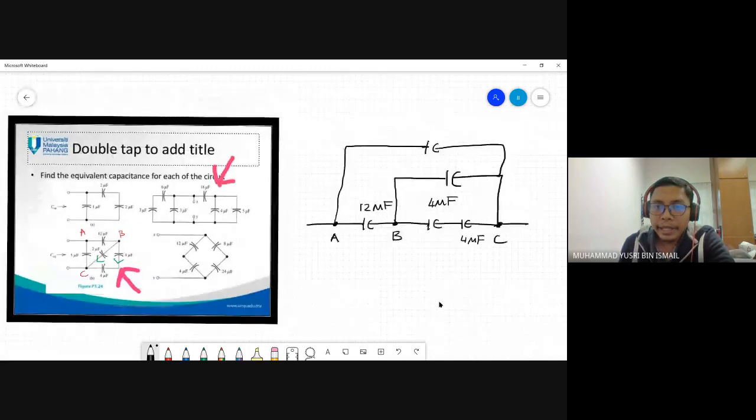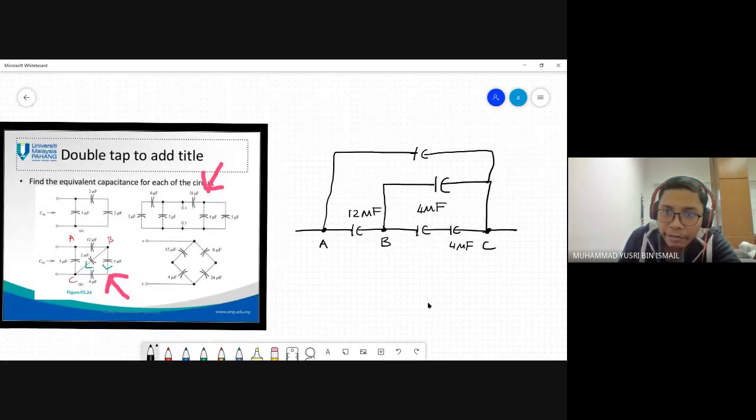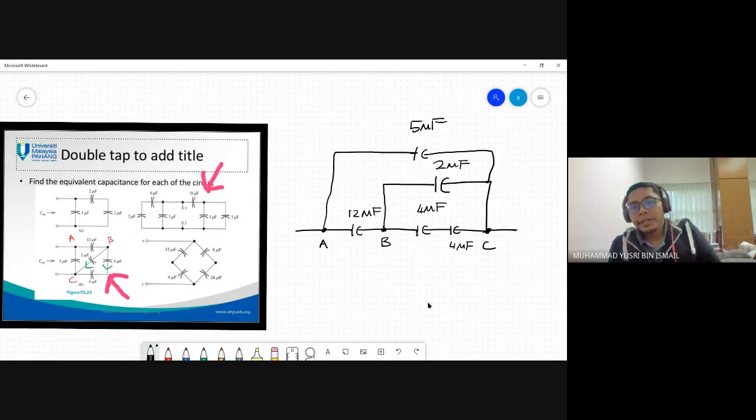C to A adalah 5 microfarad. Sekejap tadi B to C 2 microfarad, 2 microfarad. So 4 microfarad and then this one also 4 microfarad.